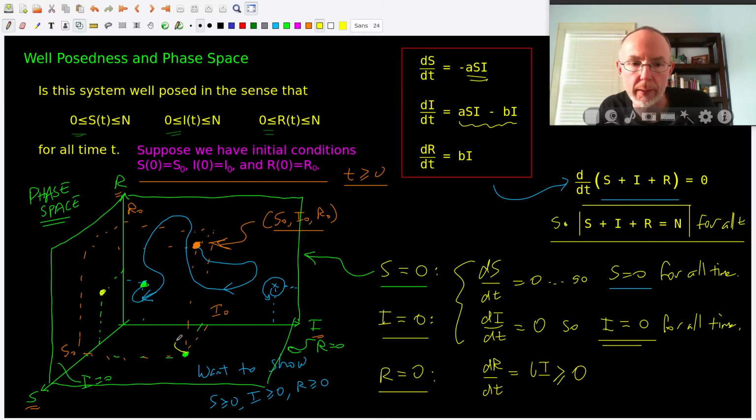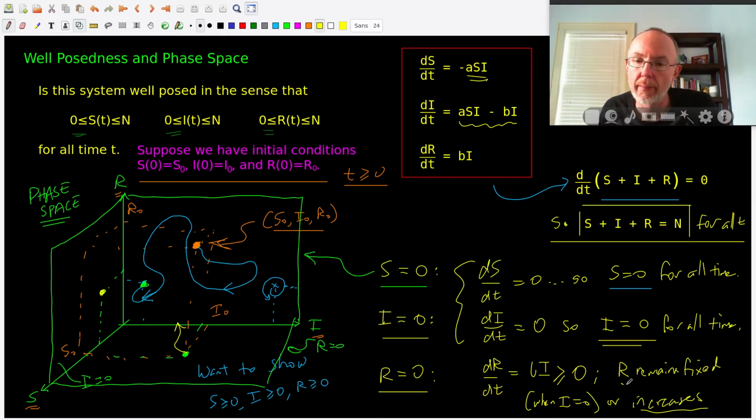If it's increasing, then we're wandering upwards, because R is the height off the ground. So if R is ever 0, then it either remains fixed in the special case when I is also 0, because then this rate of change is 0, or it increases because I and b are both positive, so R is an increasing function. So if it's ever 0, it's just going to get bigger, and so it can never be negative.